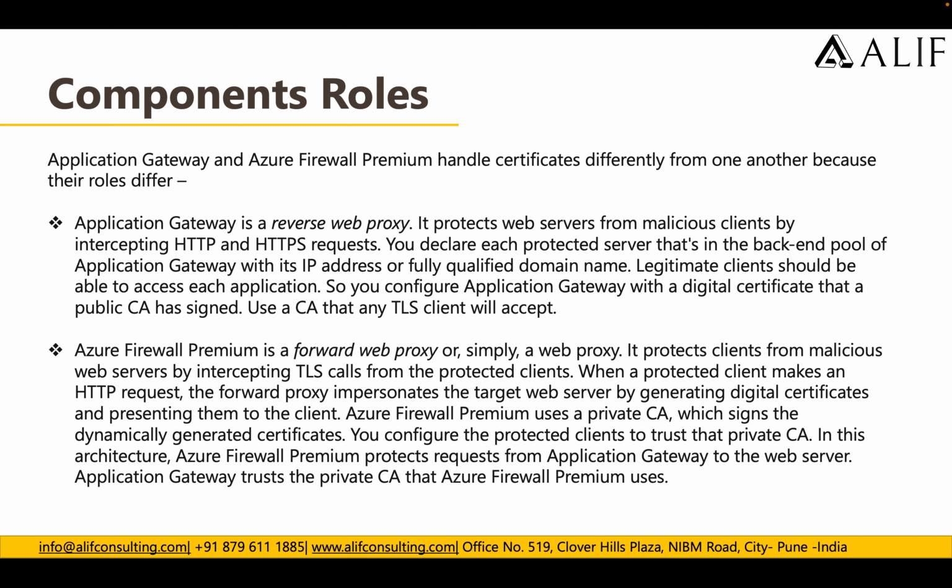Second, Azure Firewall Premium is a flagship product. It also works as a normal firewall, like the one you would use on-premises, and it is fully scalable. It provides a lot of features like IPS, IDS, restrictions, and controlling the traffic.